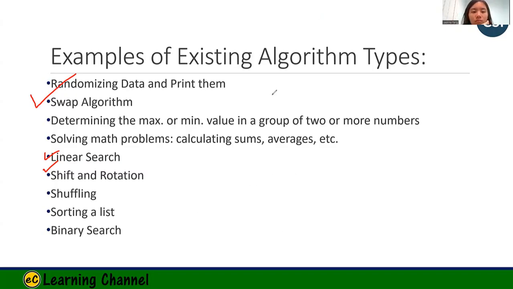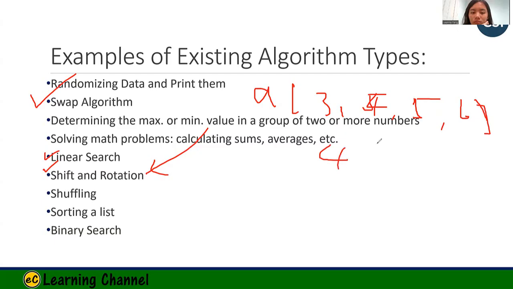Let's assume that you do have an array. The array data is 3, 4, 5, 6. And I want to do a rotation so that it becomes 4, 5, 6, 3. How can I do it?